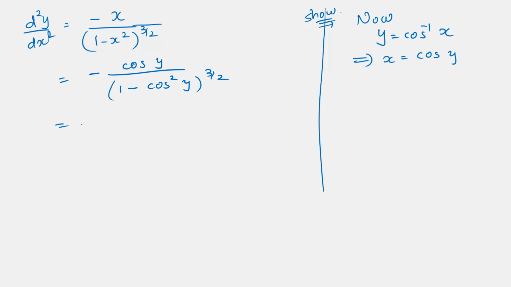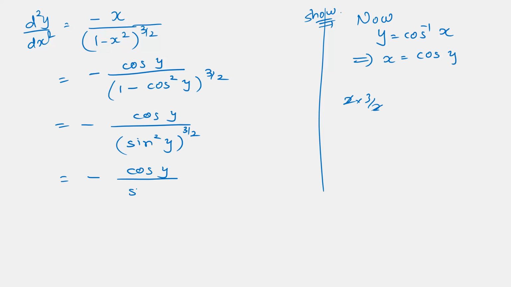1 minus cos square y is sin square y, an old standard identity, to the power 3 by 2. Power's power: 2 into 3 by 2, the 2 will get cancelled. It will be minus cos y upon sin cube y.